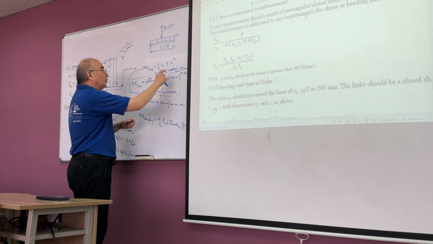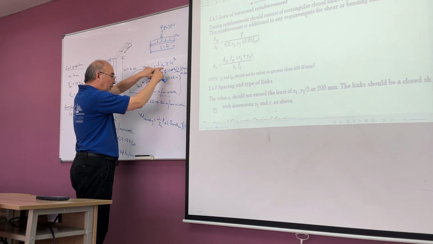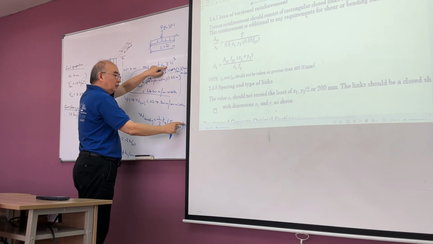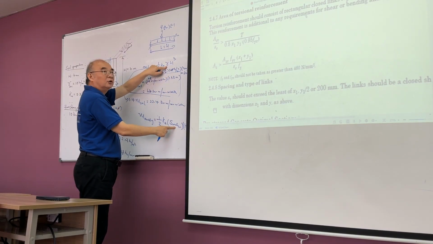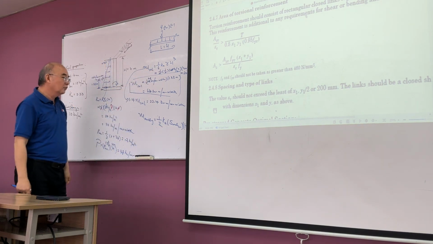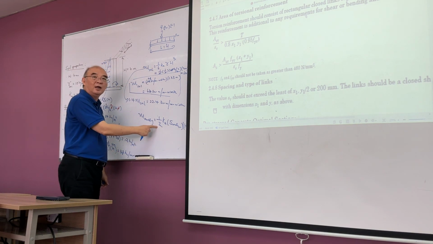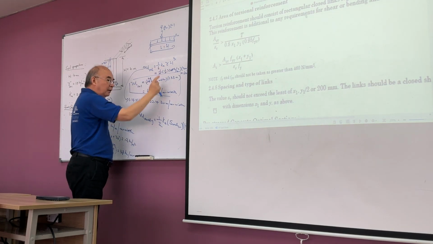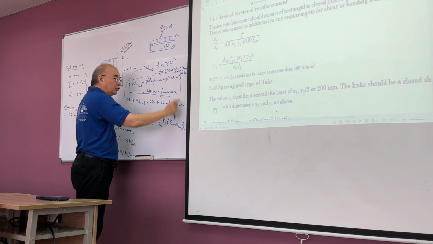That means this Ka, this gamma H, that means here is H cube, right? Here is H squared, this is surcharge. Okay, understand? So it is 1/6, it is 1/2. Ka, gamma, surcharge, H cube, H squared.